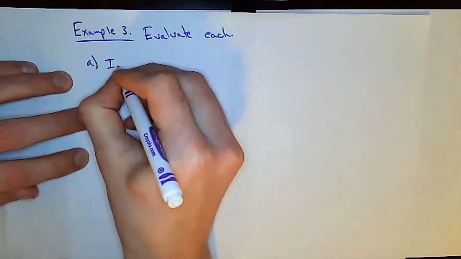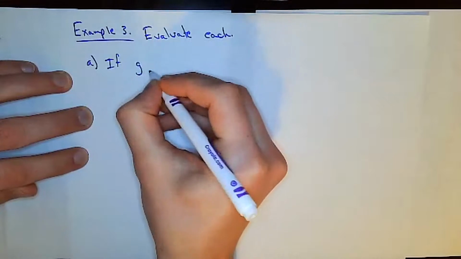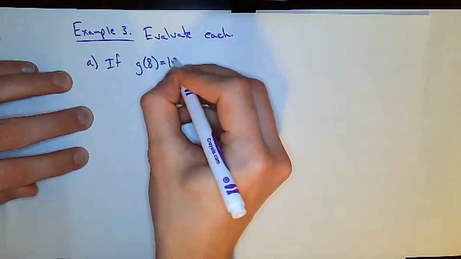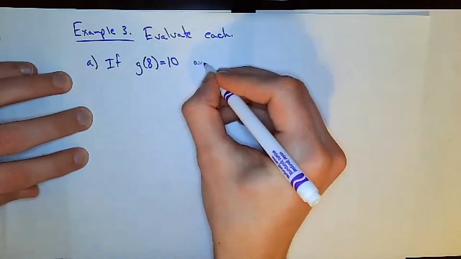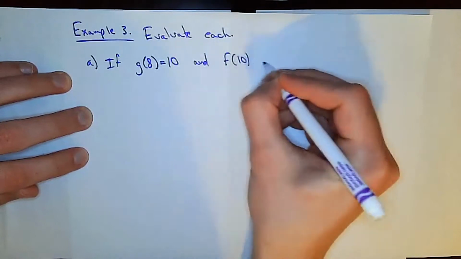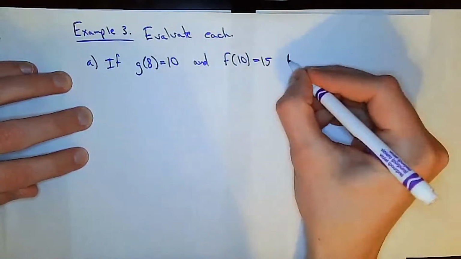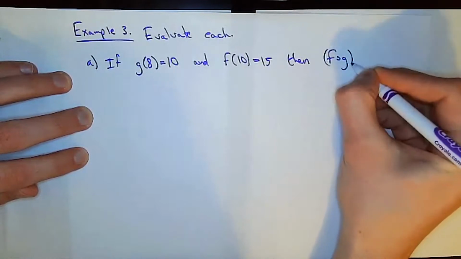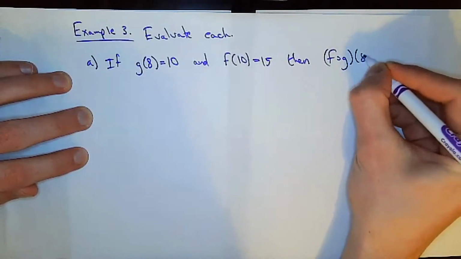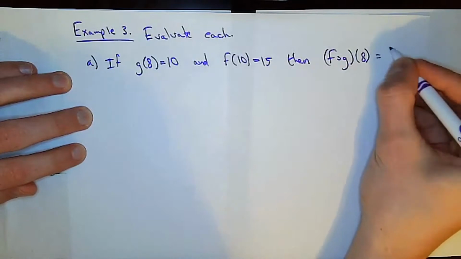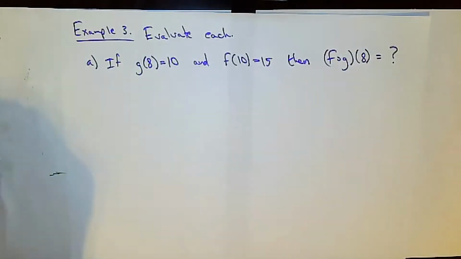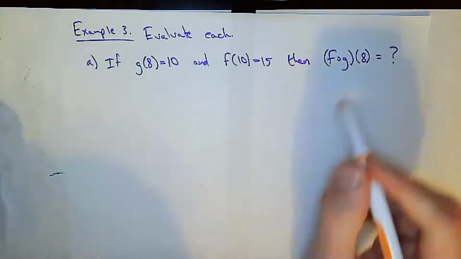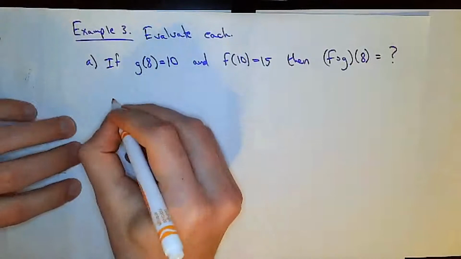All right. If g of 8 is equal to 10 and f of 10 is equal to 15, then what is f of g at 8? Well, start with this, f of g of 8.